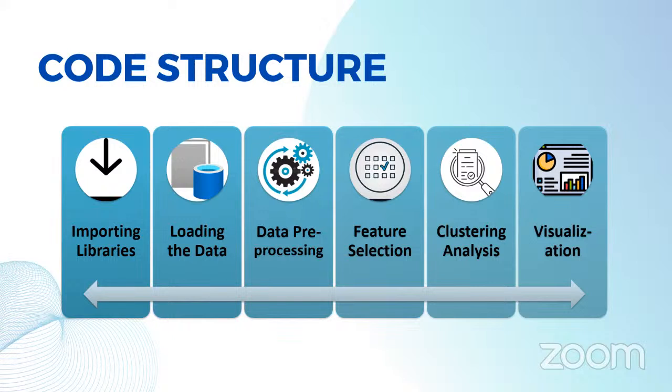Then there is the feature selection. In the feature selection process, the specific features in that data that we need to operate on are selected. And then there is clustering analysis and visualization.